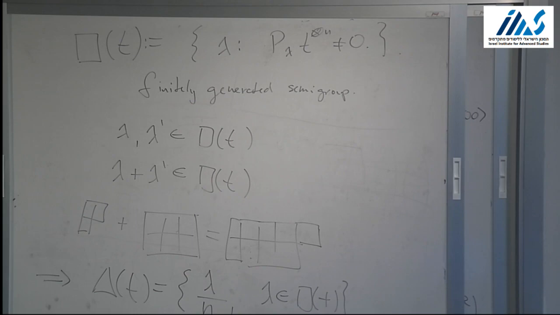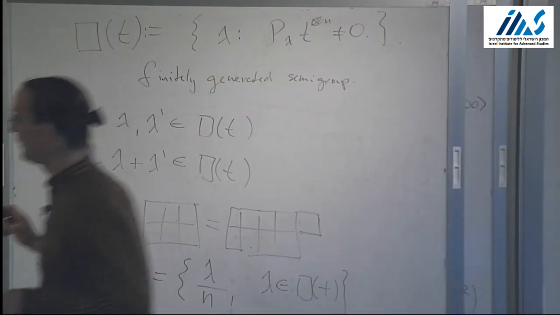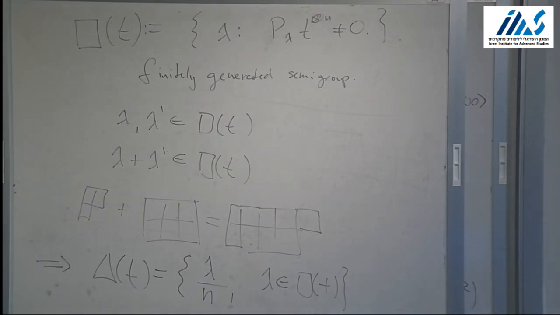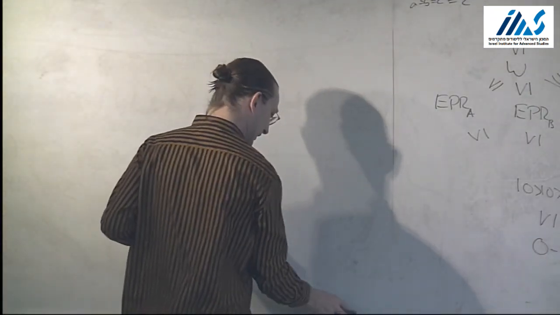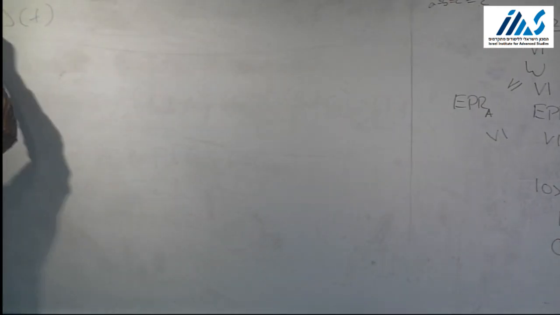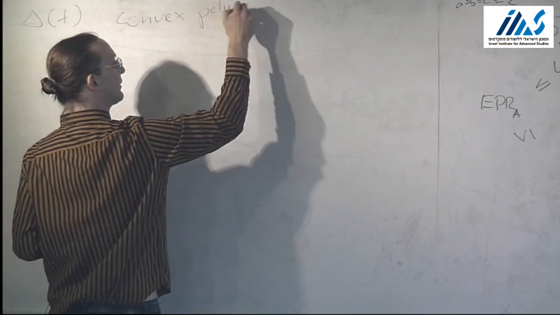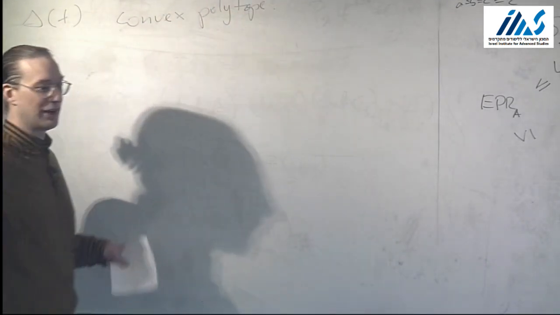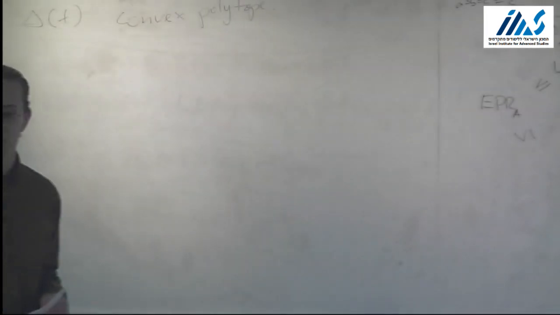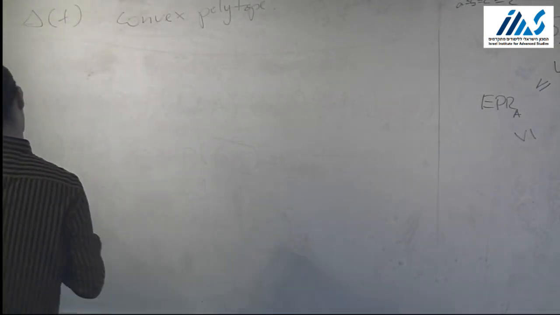Okay, what is this now? If the other thing was this finitely generated semigroup with this property, it turns out that once you divide by this, delta of t as a consequence is a convex polytope. Because the other thing is kind of like a cone, and then you divide out by the stretching direction of the cone, and it crashes down on this.